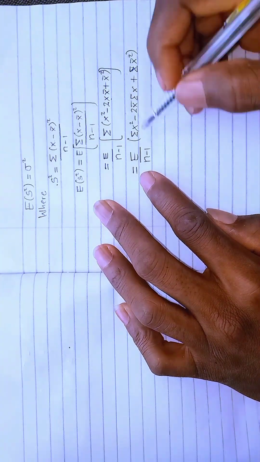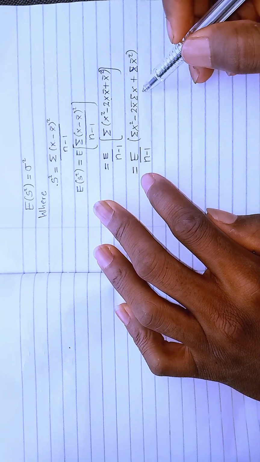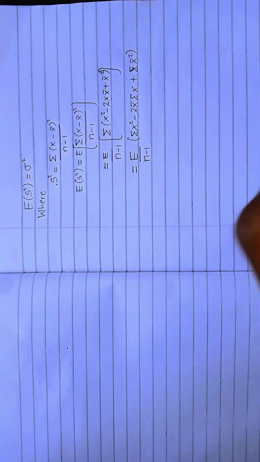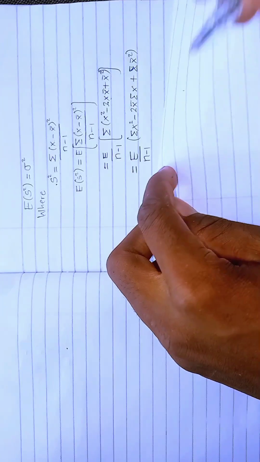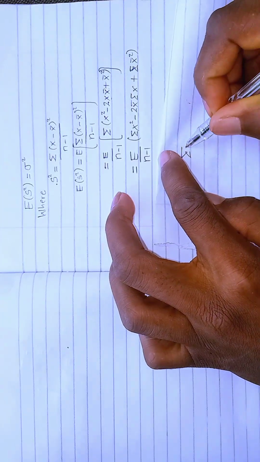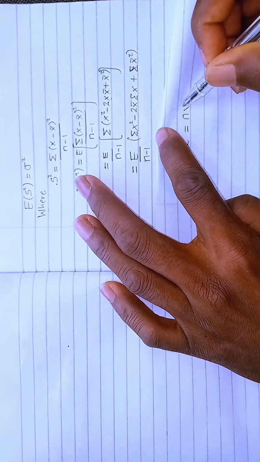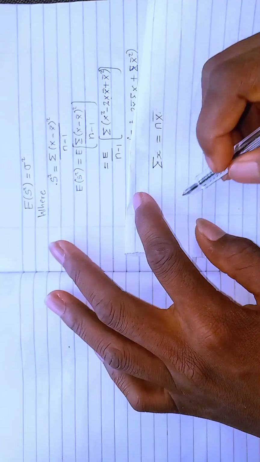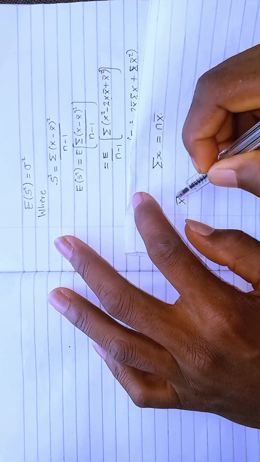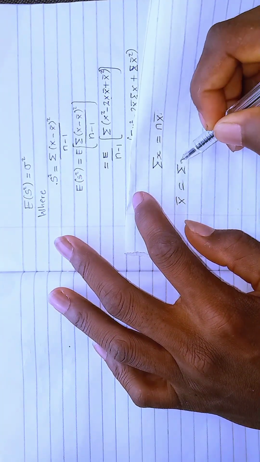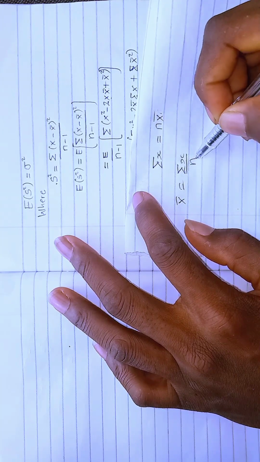So now, from here, we know that summation x is equal to n x bar, because from the formula for sample mean, the sample mean is equal to the summation of the samples all over the number of samples, right?